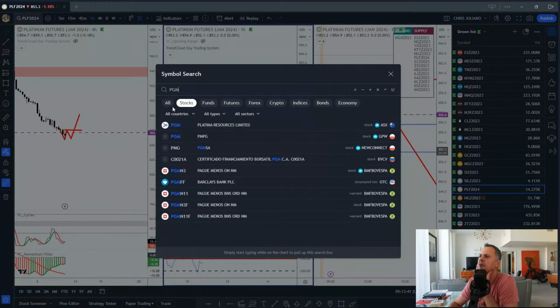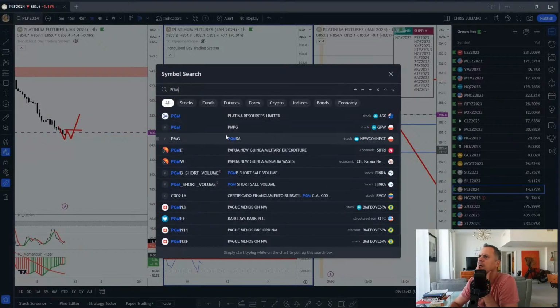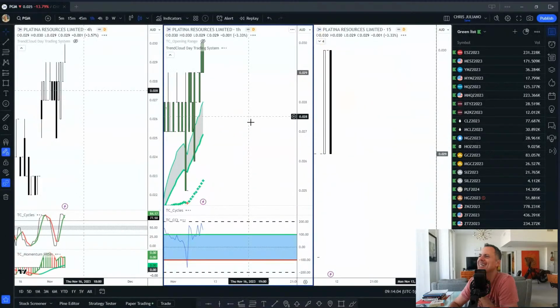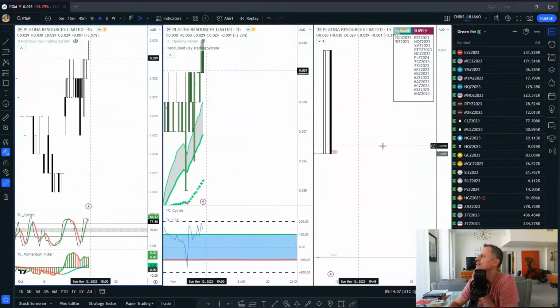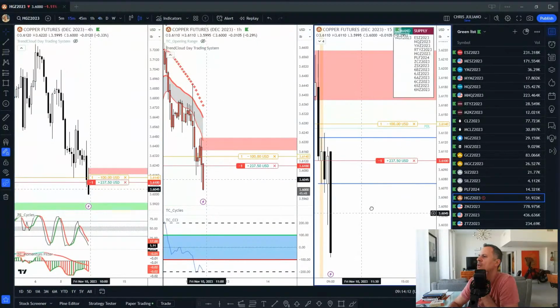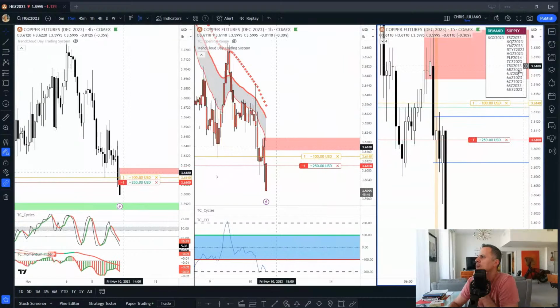I don't see it on here. Huh. Am I putting the right symbol in there, Hitch? PGM? I don't know if that's it. Platina Resources Limited, I'm looking at. Ooh, well, that looks really weird. I don't know. But that's what went on with the metals today.